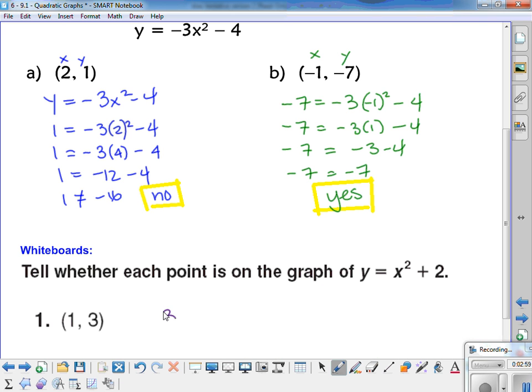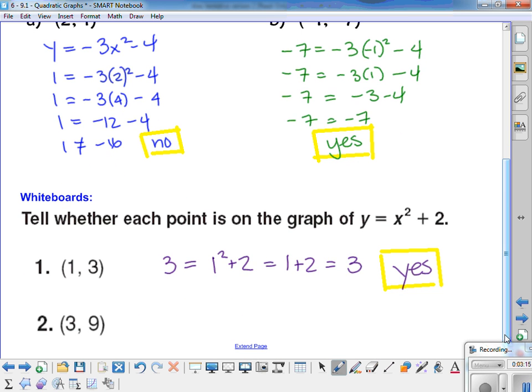Okay, so if you plug it in, you're going to plug in the 3 for the y, and then 1 squared plus 2, that's just 1 plus 2, right? Which equals 3. So what's the answer? Yes. Okay, that one works.